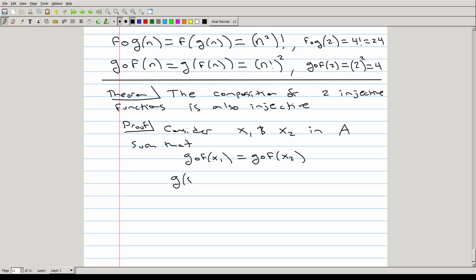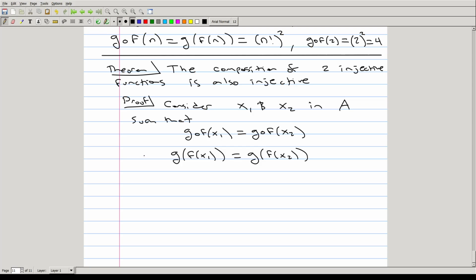This is saying that g of f of x1 is equal to g of f of x2, and then we assume that f and g are both injective.